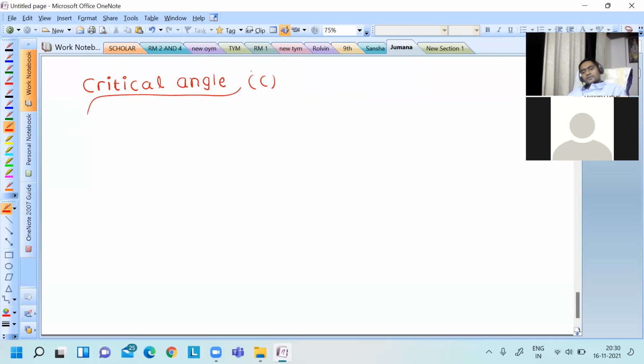But what is the speciality of this critical angle? It is the certain angle when you incident your light from a denser to a rarer medium. Remember that.